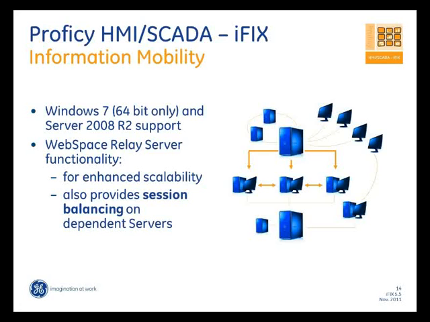And all clients can hit this one URL of the relay server, and the relay server does session balancing between your dependent servers. So that is possible now with 5.5. So you can set it up and use it in that format.